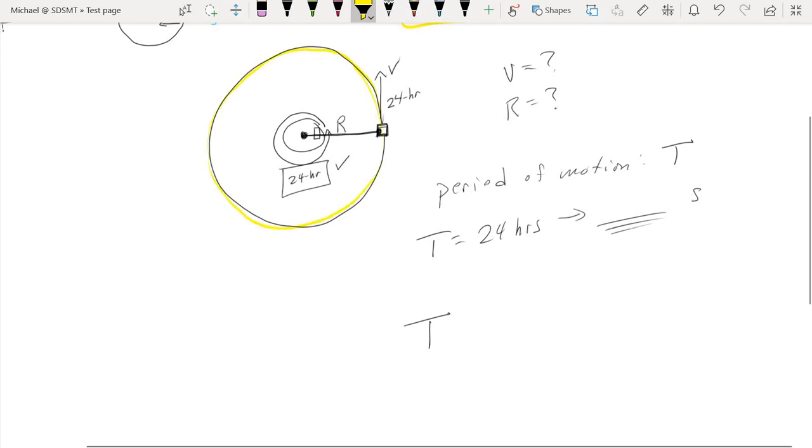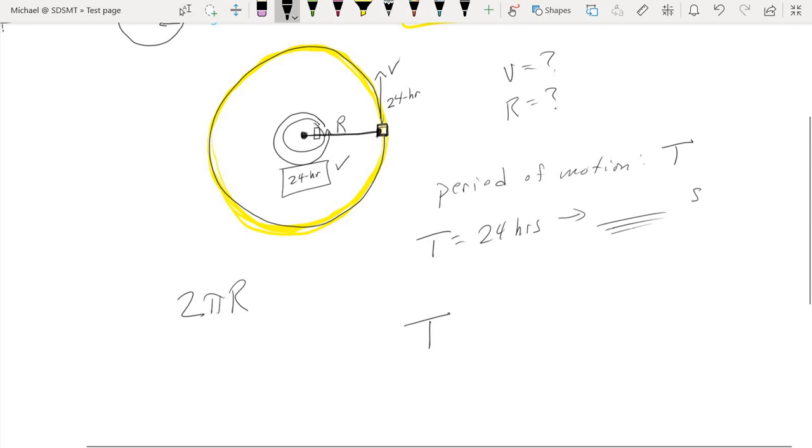Well, for the sake of argument, we're going to assume that this satellite is traveling in a perfect circular orbit. That's not exactly true. All orbits are actually elliptical, but we're not quite there in terms of the math yet. But for a perfectly circular path, you have to travel a displacement of 2 pi r.